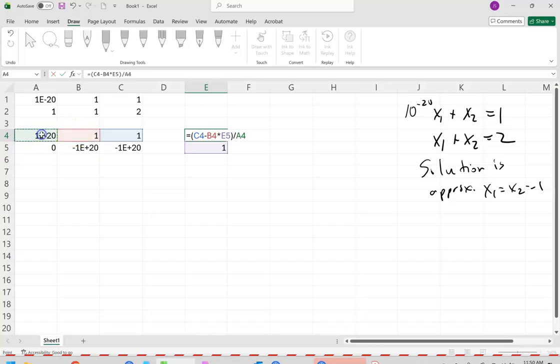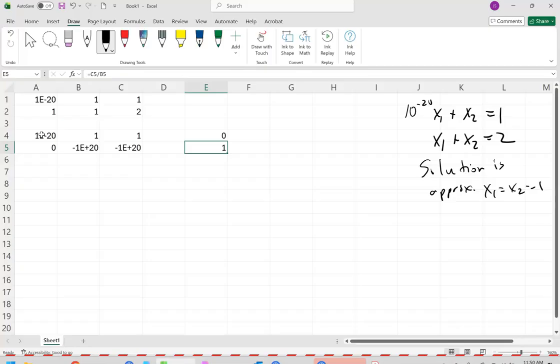No matter what I divide, I'm going to divide by this, I'm going to get 0 when I'm done. Is that the right answer? That's not even close, right? From a relative error perspective, that's 100% error. Right? Supposed to be 1, we got 0. That's 100% error, right? That's way off.